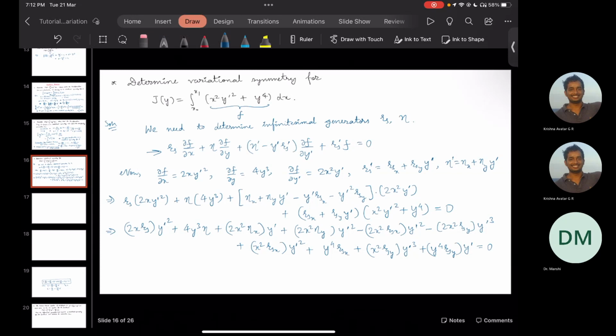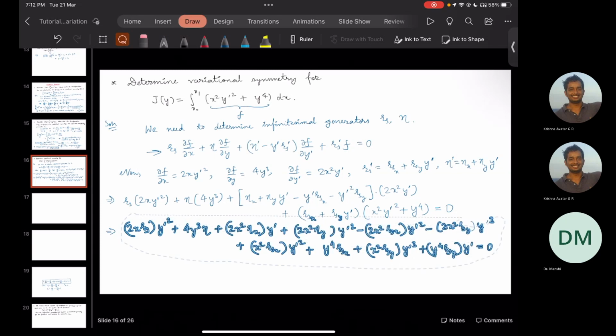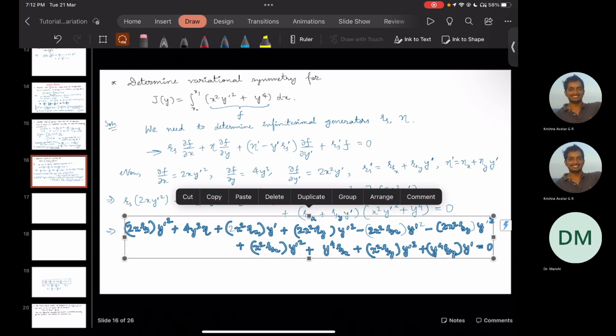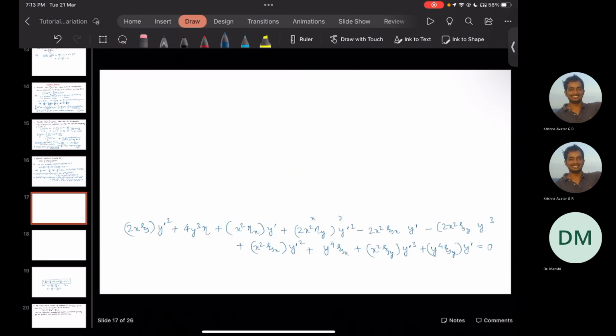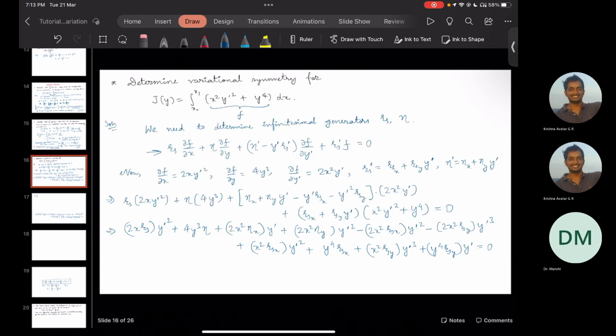Now what we do is let's collate all the terms. I think this is done on the next slide. Now then this implies that we'll first collect all the terms with y prime cubed, because I think that's the highest order derivative, right?